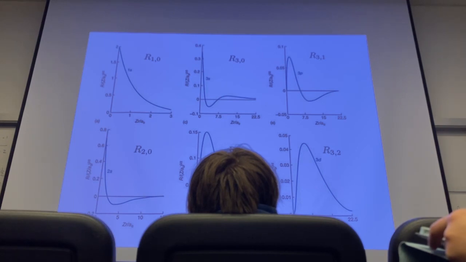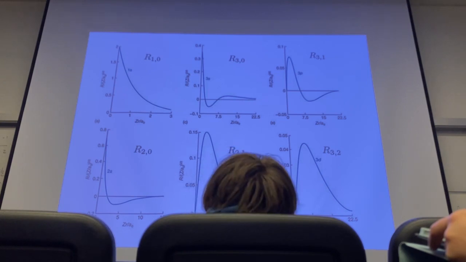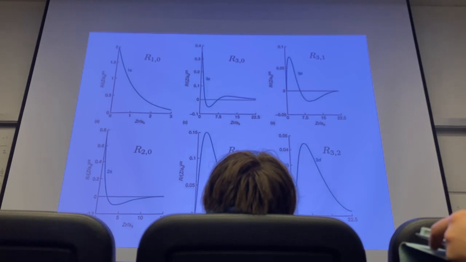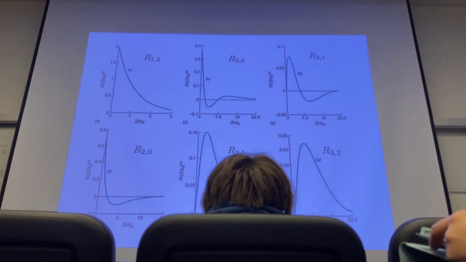You see that? Then if I go to the middle part now, on the top middle, R 3,0, N equals 3, L equals 0. Same mechanism, but now there's 2 nodes, 2 places where the wave function can be 0. So it has an extra wiggle in it. Now you can see that actually this is truly a wave.